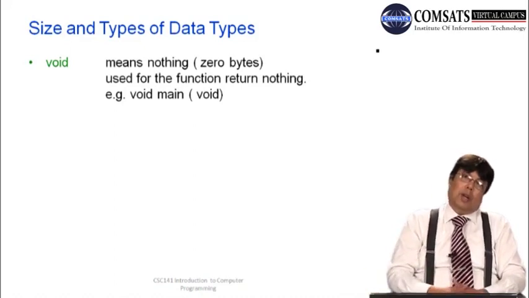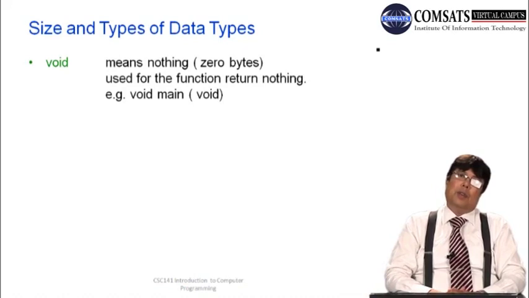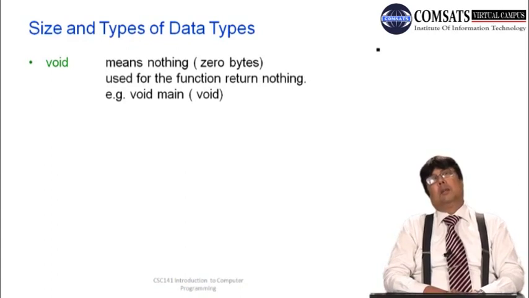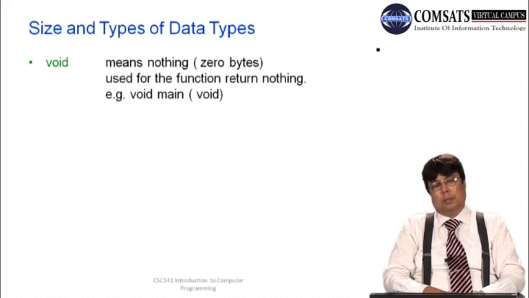So we have defined 5 different data types. Integer, used to store and process integer data. Float and double, used to process real data. Real means a number that contains a decimal point. Character is used to store character data.